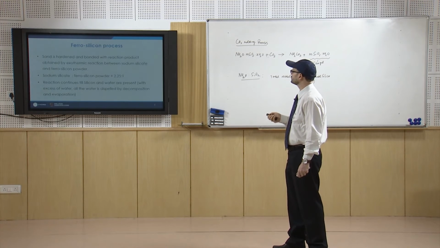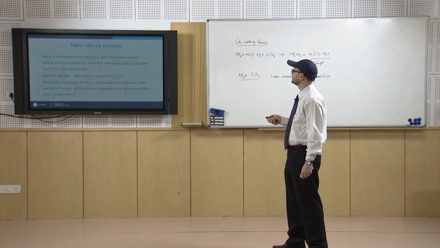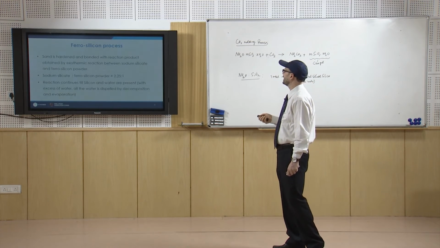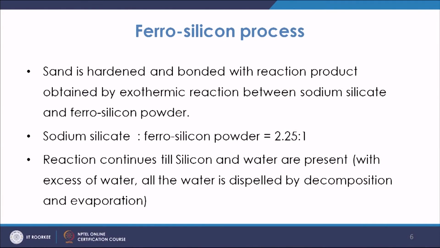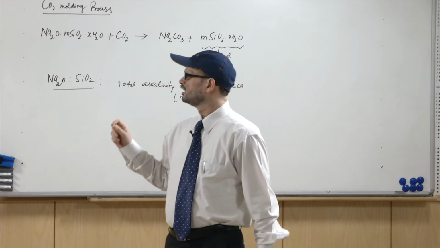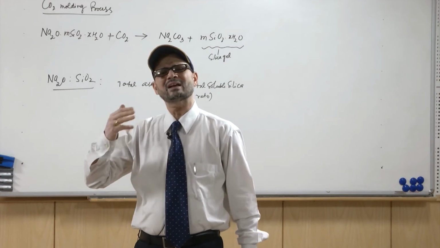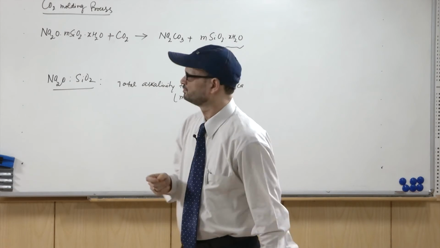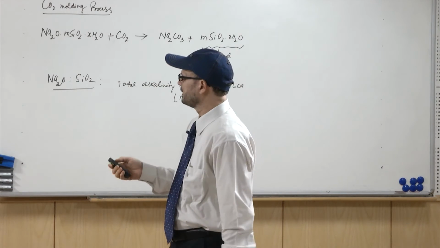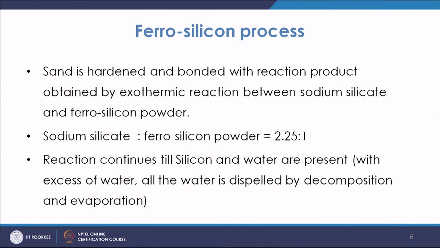So, in the ferro-silicon process what happens, the sand is hardened and bonded with the reaction product obtained by exothermic reaction between sodium silicate and ferro-silicon powder. So, what happens here? Here we do not use the carbon dioxide gas to pass through it. Here actually we use this ferro-silicon powder.